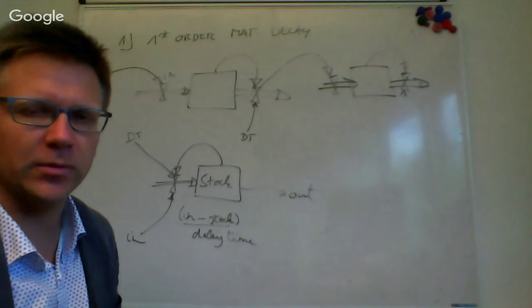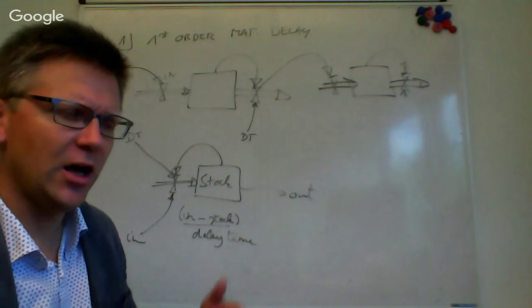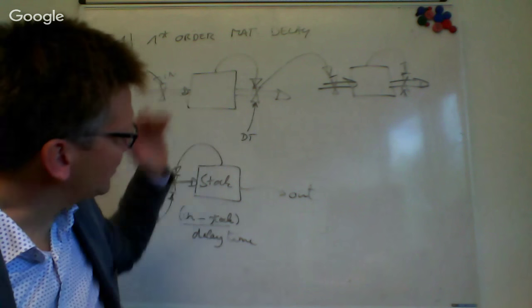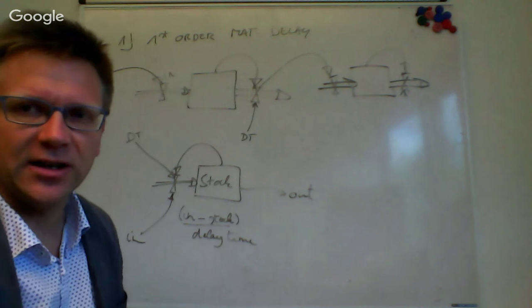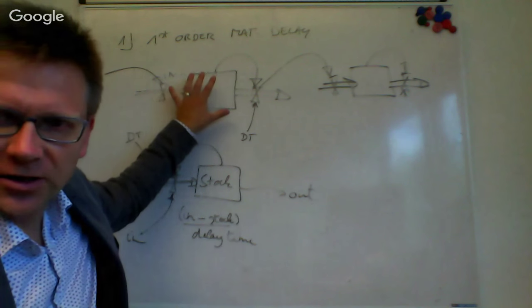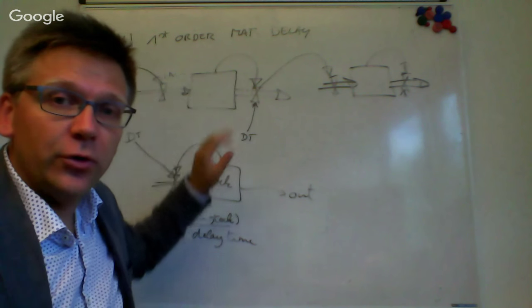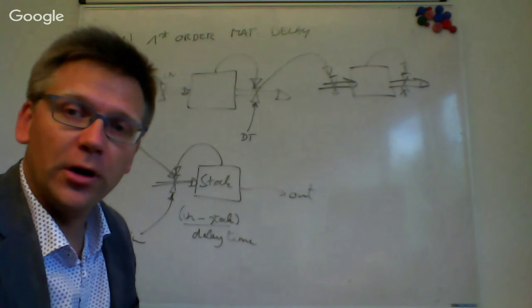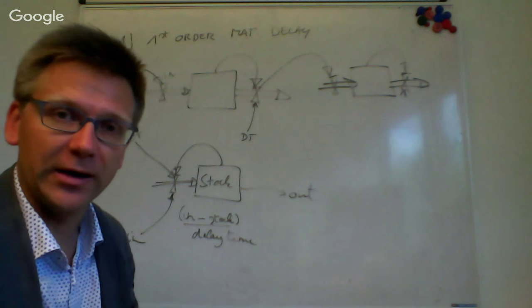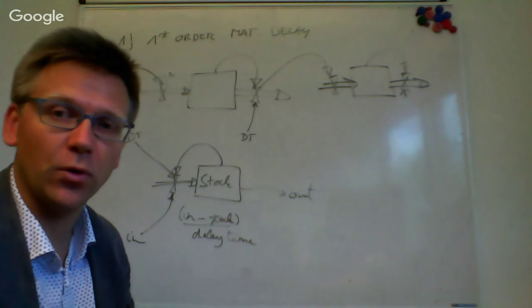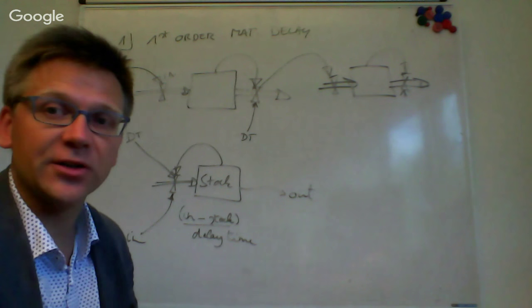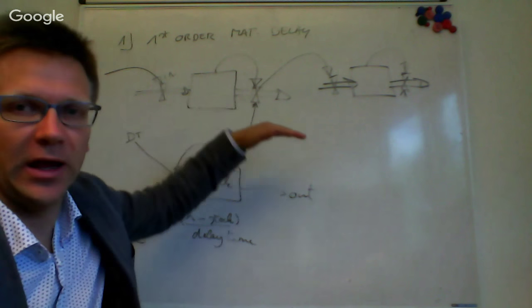Another difference between the material delay and the information delay is that material delays are really used to account for positive things flowing in, for instance, people, and so you cannot have negative people flowing in.